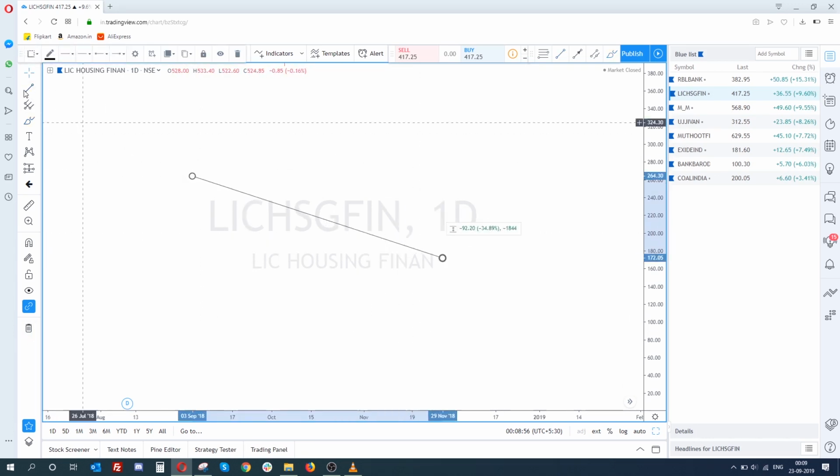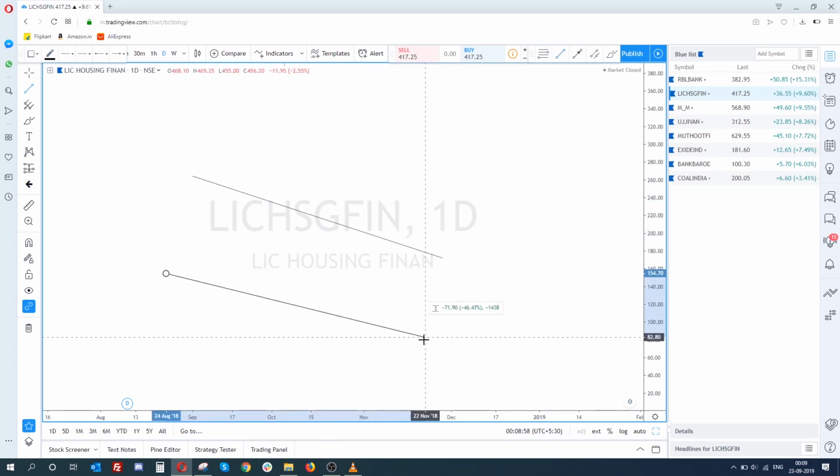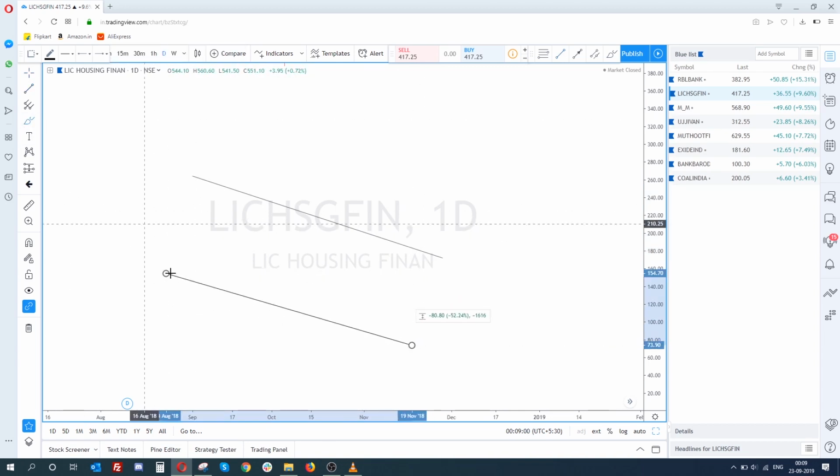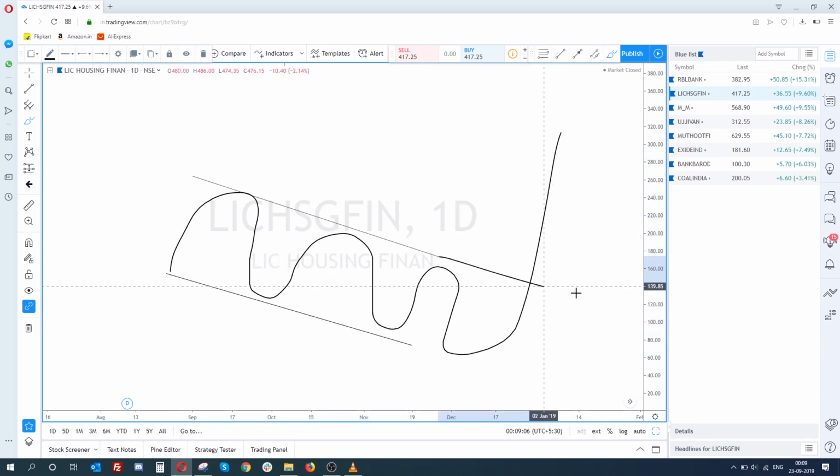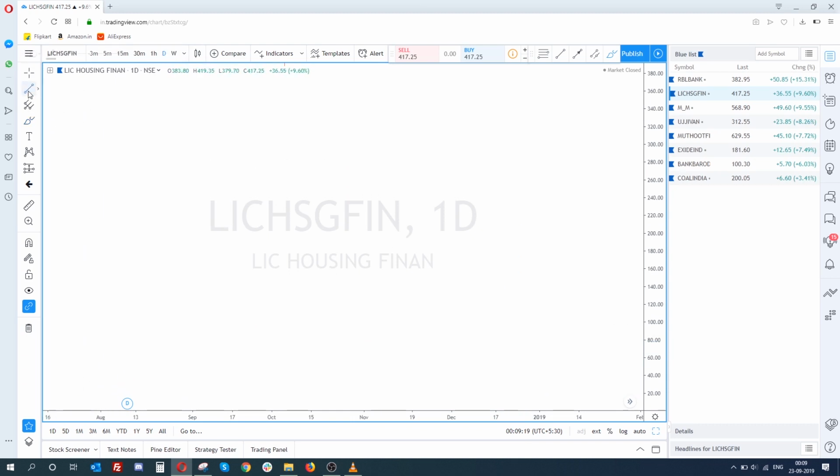The other one is the downward channel. Here the stock plays like this, and we take a trade either based on a breakout or a breakdown. The most important channel is the expansion channel.